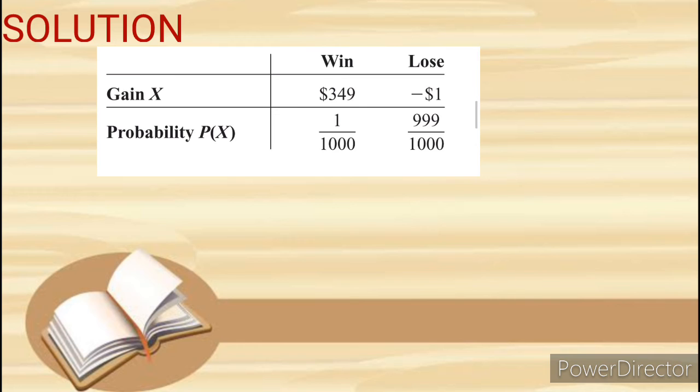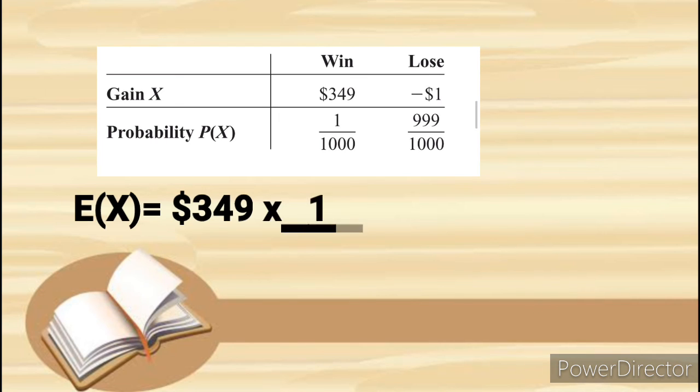The probability of win is 1 all over 1,000, and the probability of lose is 999 all over 1,000. Two things should be noted. First, for a win, the net gain is $349 since you do not get the cost of the ticket back. Second, for a loss, the gain is represented by a negative number, in this case, -$1.